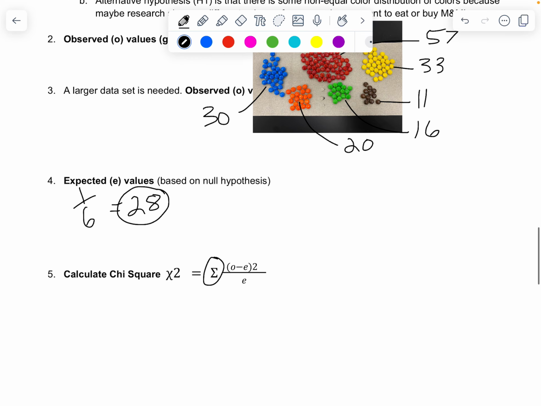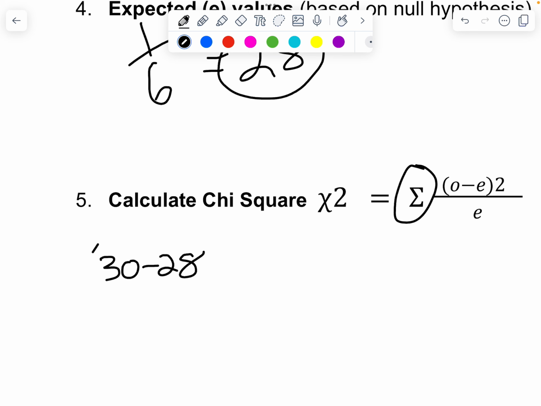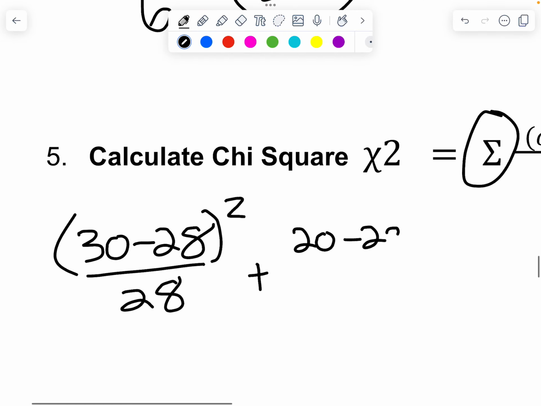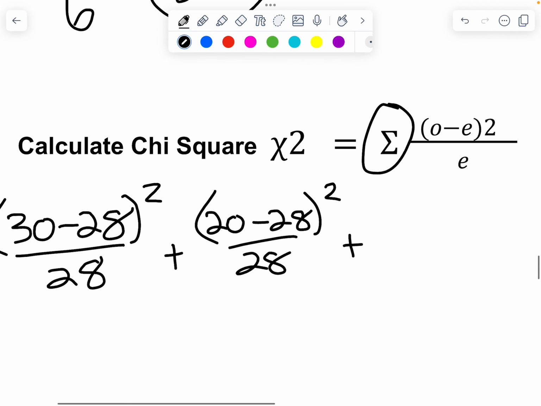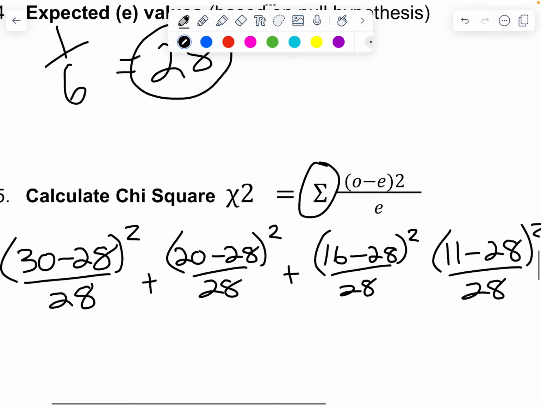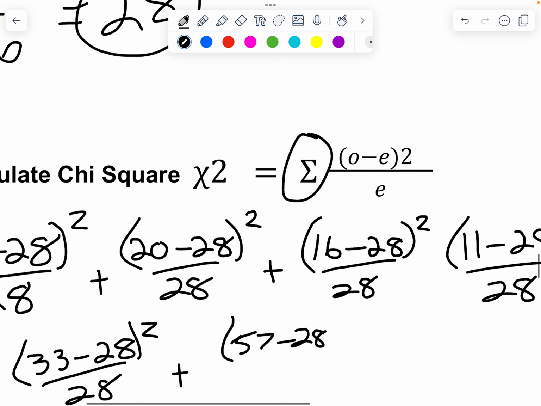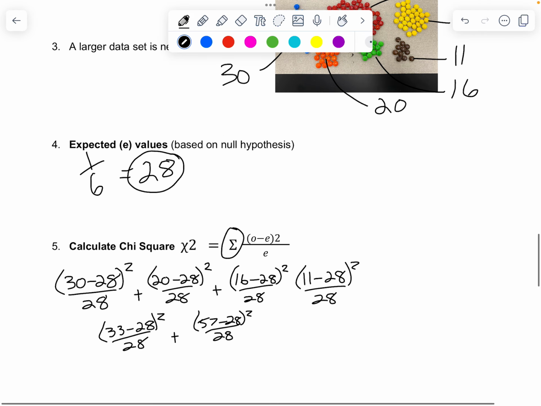And then, of course, I use my 30, 20, 16, 11, 33 and 57 numbers for my observed. There we go. Now, get a number for all of those.